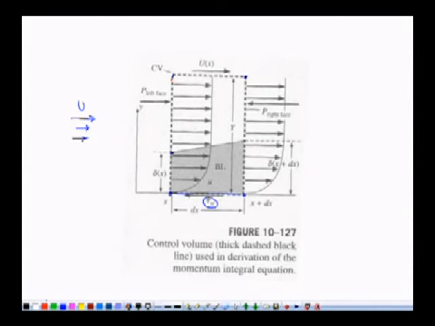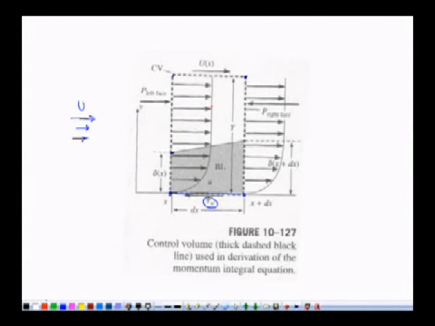So what is the pressure force exerted on the left face? What is the pressure force exerted on the right face? We can find out with the help of Taylor's expansion series, and we can find out the continuity equation for this control volume, and we can write the momentum equation for this control volume with the help of Reynolds transport theorem.